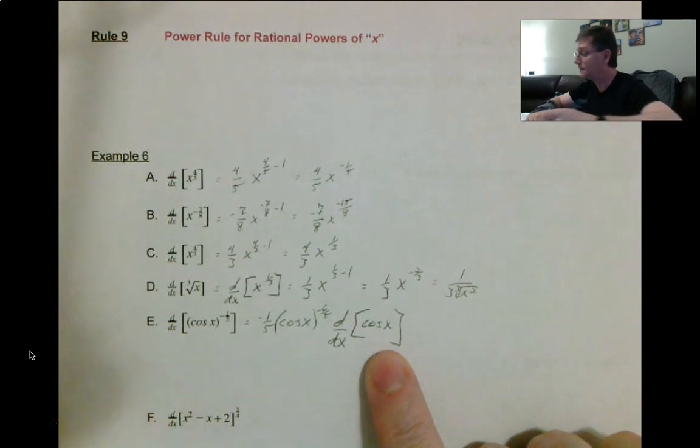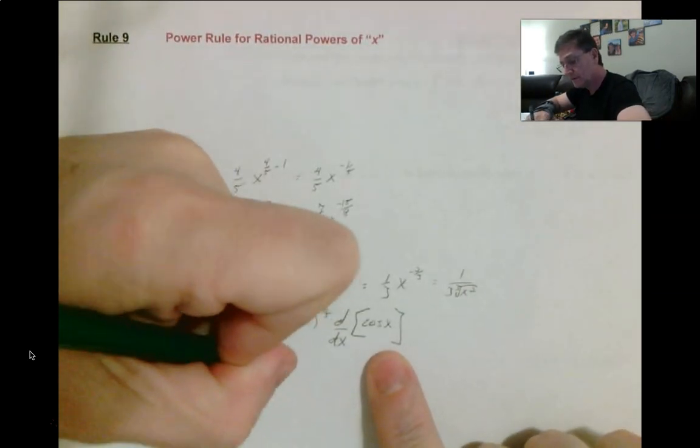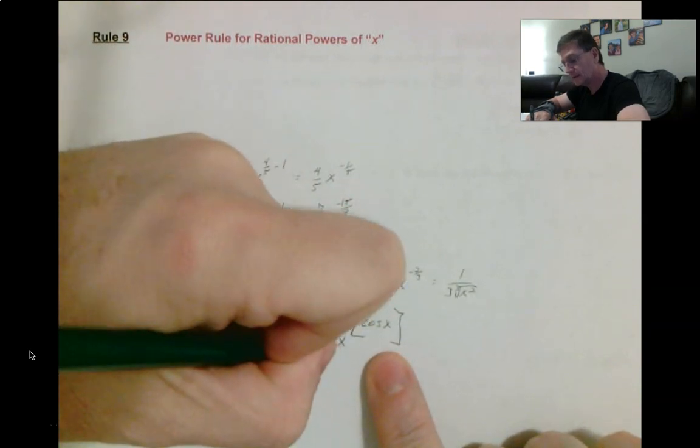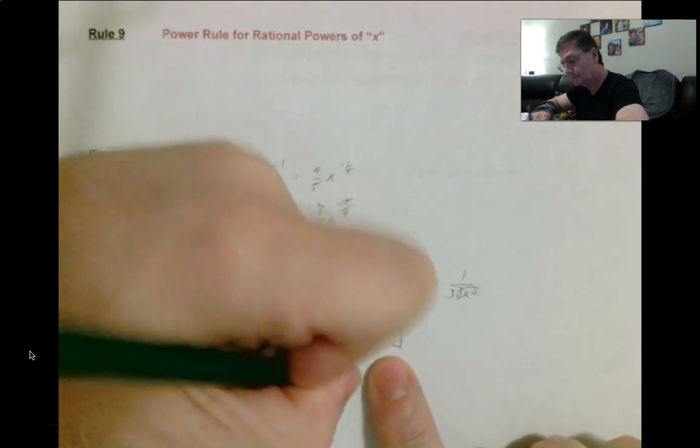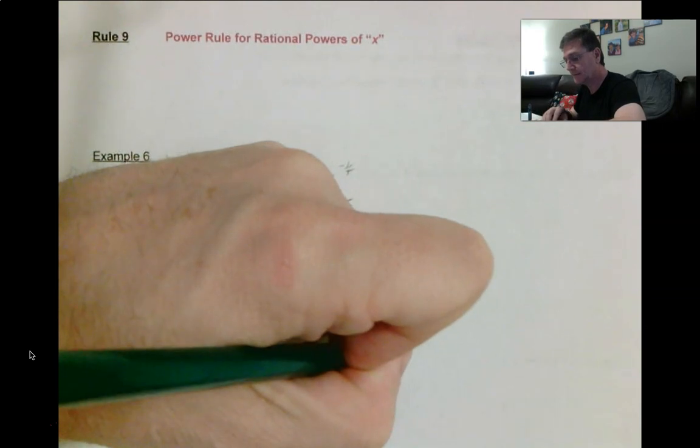Derivative of cosine, negative sine. Negative 1/5 cosine x to the negative 6/5 power times negative sine of x.